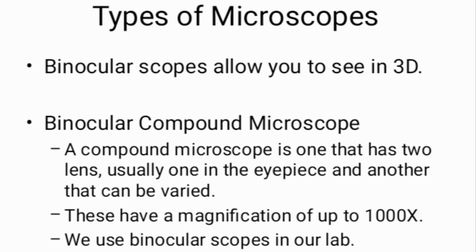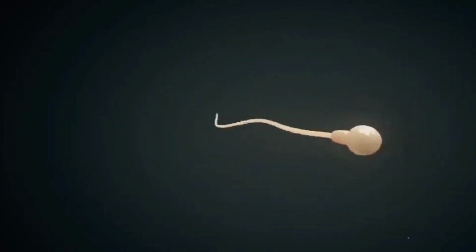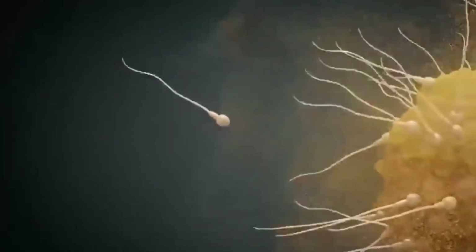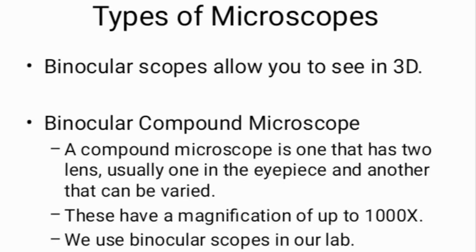So binocular compound microscopes are the most common in the modern laboratory. They are the most common in our laboratory, in your school. They have magnification of up to 1000 times. Those are the features of the compound binocular microscope.